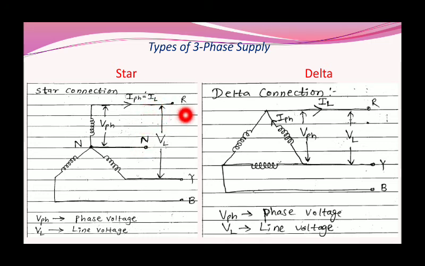And if we measure the voltage between one live wire and another live wire, this is called VL, the line voltage. Similarly here also, between one phase it is phase voltage, and between two live wires it is line voltage.